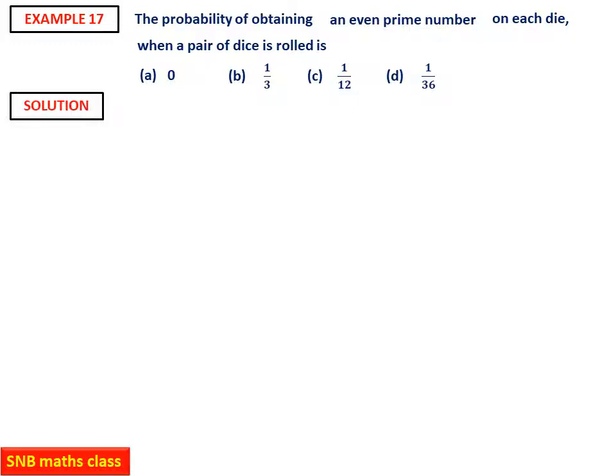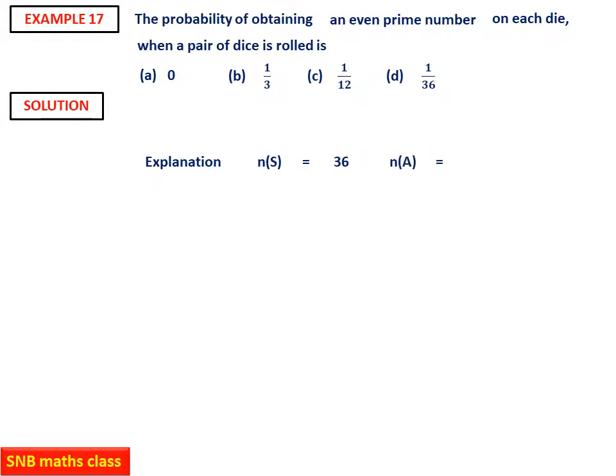Here a detailed answer is not actually necessary because it is a multiple choice question. Therefore just see the explanation. See here, what is the number of elements in the sample space? Two dice are rolled. Therefore the number in S will be equal to 36. Now look at this one, the probability of obtaining an even prime number on each die. That means 2, 2.